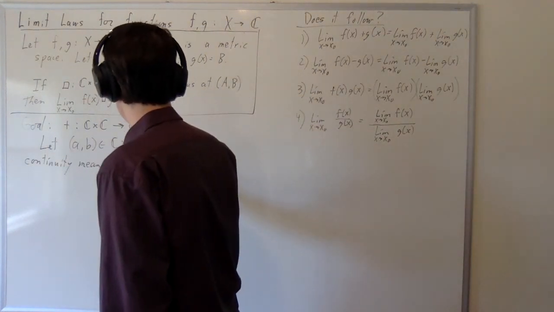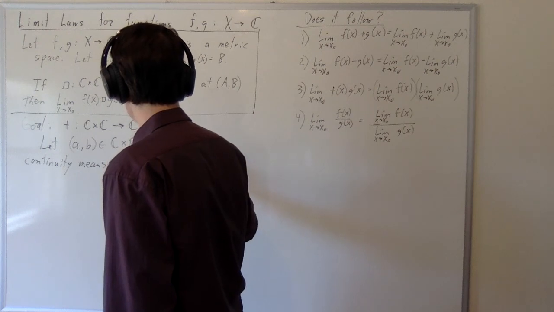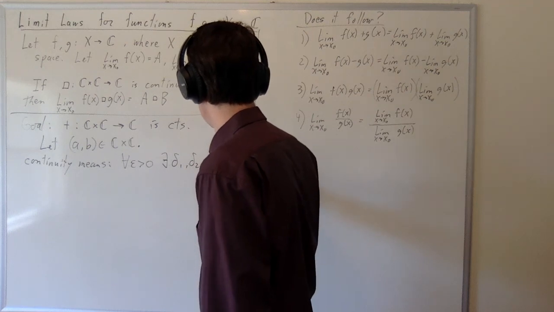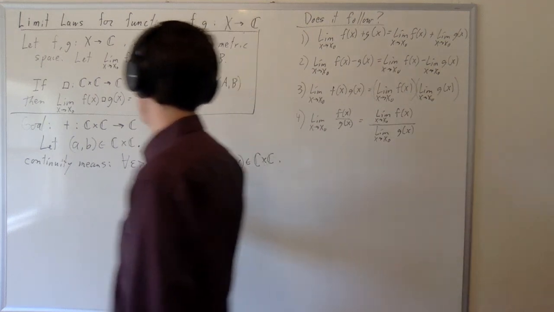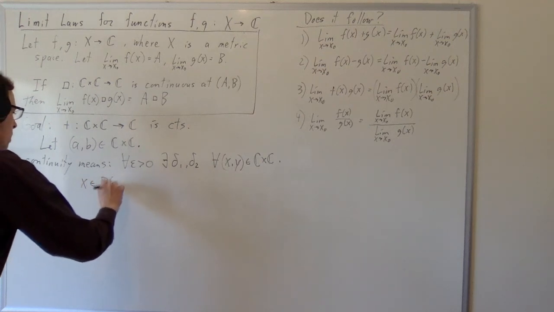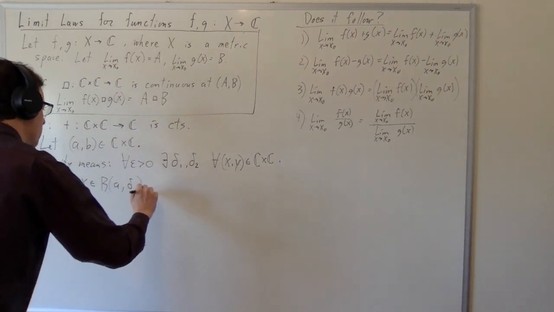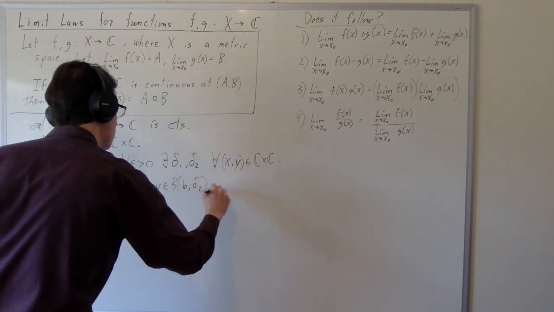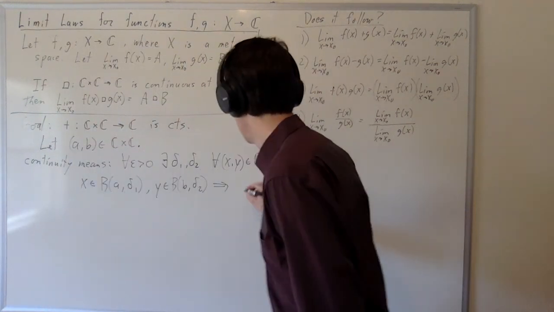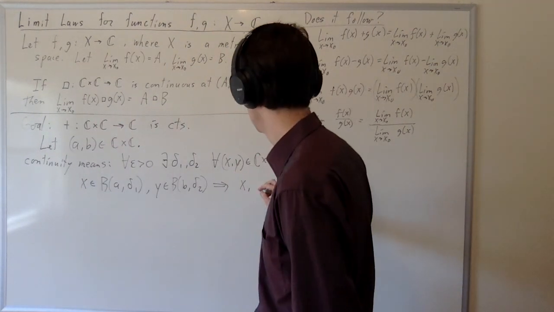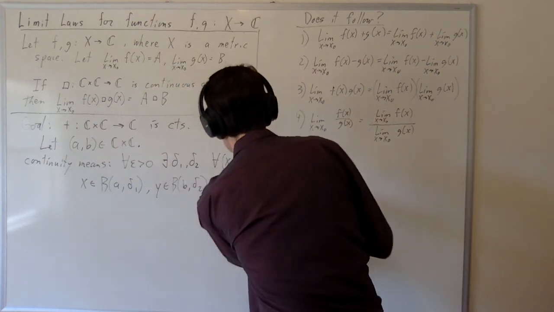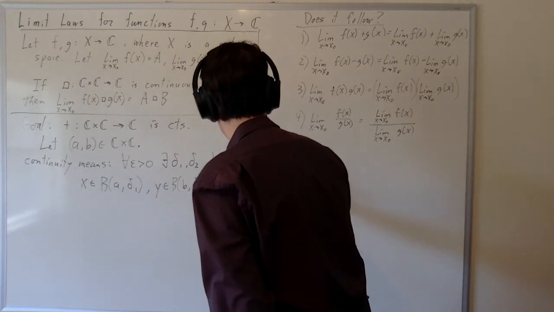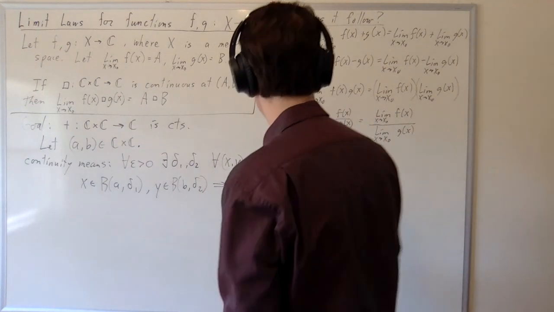So basically what I need here is a pair delta 1, delta 2, so that for every (x, y) in C cross C, if x is in the ball centered at A of radius delta 1, and y is in the ball centered at B of radius delta 2, then x plus y will be in the ball centered at A plus B of radius epsilon.